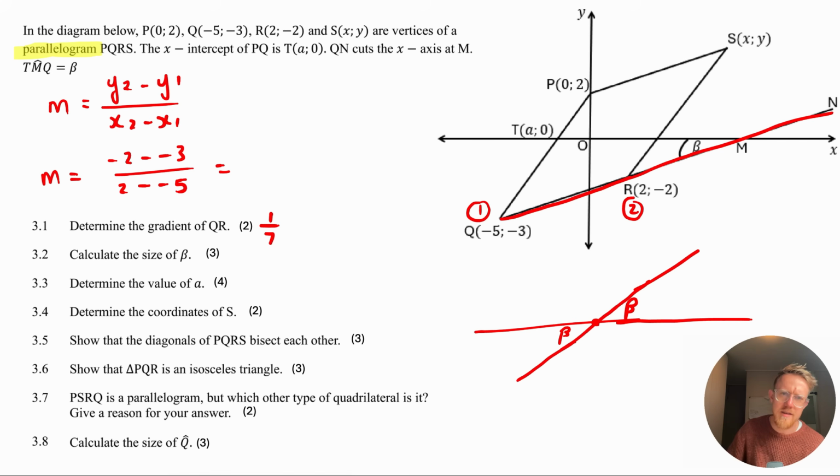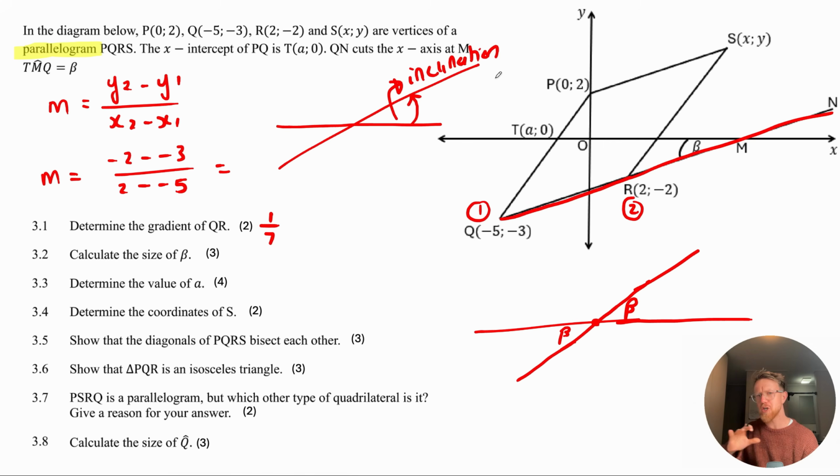We've learned that if you have a horizontal and a line going through it, and you want to work out this angle, we call that the inclination angle. There is a relationship between three things: gradient, inclination angle, and tan.